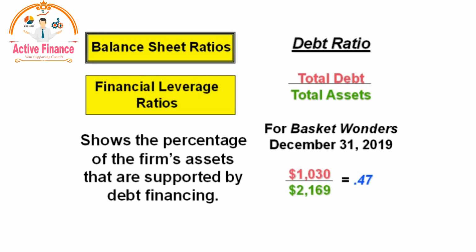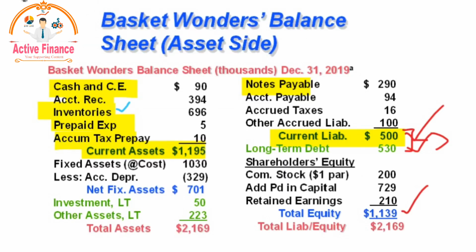We will find this information also from the balance sheet, so let's have a look at the Basket Wonders balance sheet. Now this is Basket Wonders. We have come back to the balance sheet. First of all we have to find the total debt, which we already found in the previous ratio.